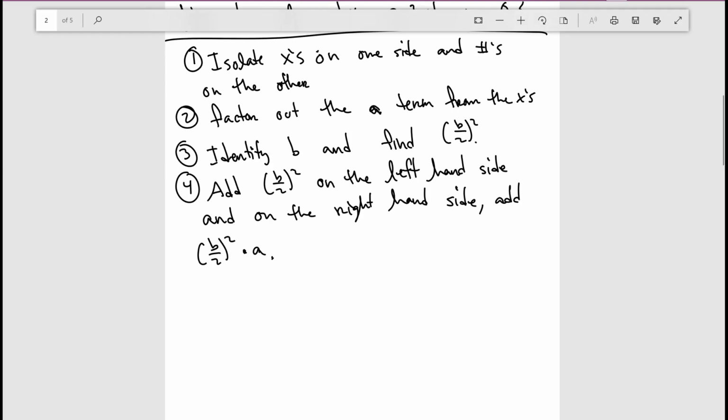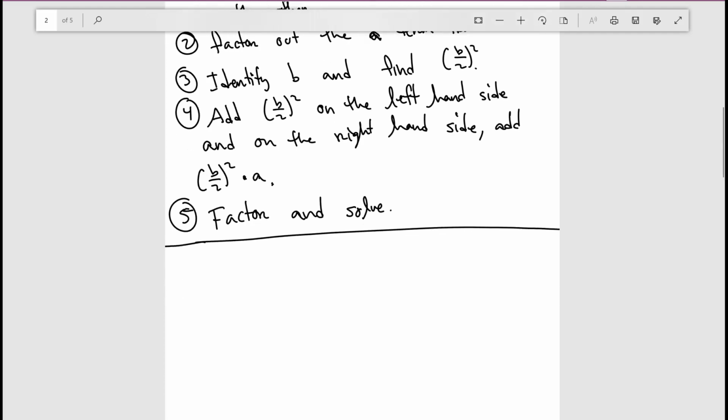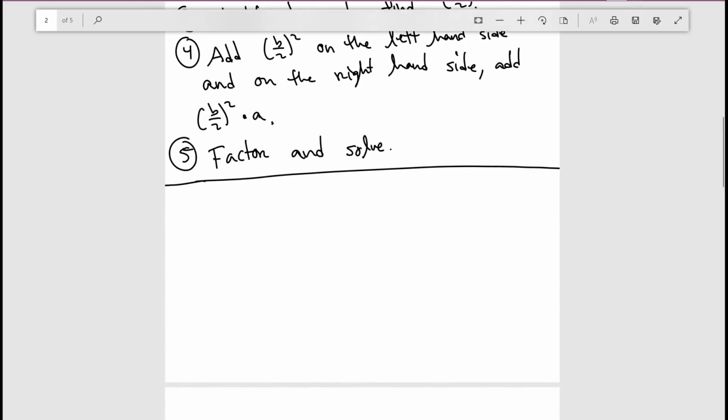You'll see why. Then factor and solve. So that's basically what it is. So you can take a little bit of time so that you can do it. Now let's do a problem. And you'll see why we're multiplying it by this a, and that's the only thing that's a little bit subtle.